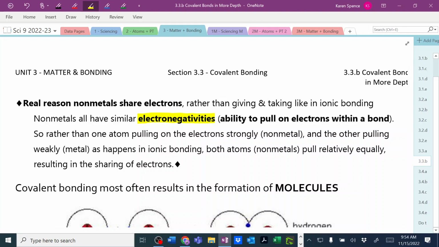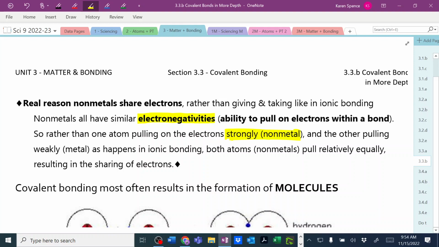So rather than one atom pulling strongly like a nonmetal, and the other one pulling weakly like a metal, both nonmetals pull relatively equally, which means that they share their electrons.